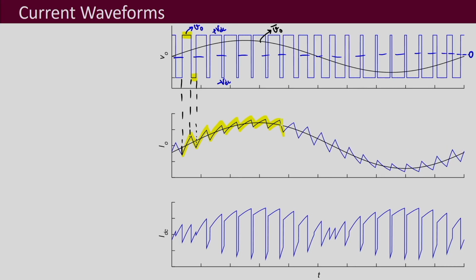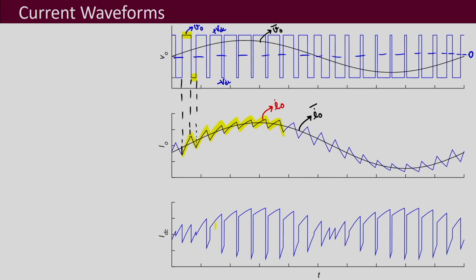So, this is your actual IO current which you will be seeing on the oscilloscope, and if you again take the average of it, that is the average current. The black one is the average current IO bar which we just used for calculation, and then the IDC waveform.